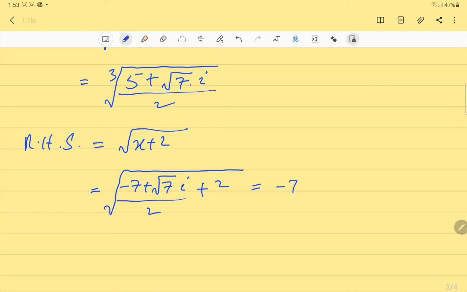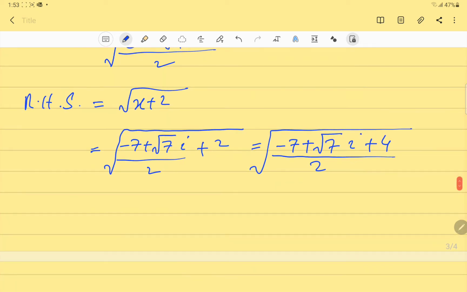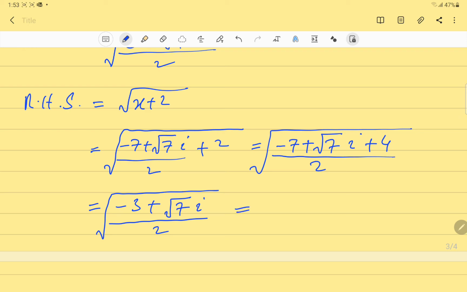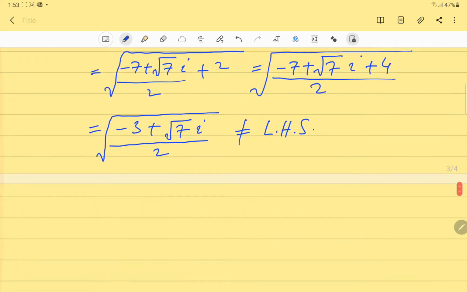Now we have minus 7 plus square root of 7 iota plus 4 over 2, which is equal to minus 3 plus square root of 7 iota over 2, under square root, which is not equal to the left hand side.